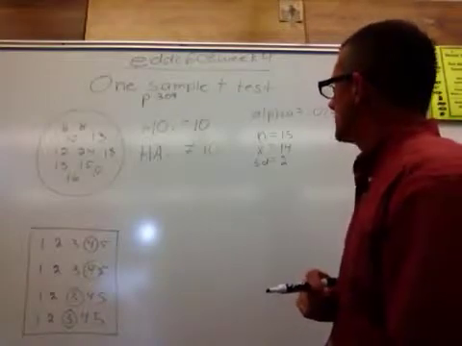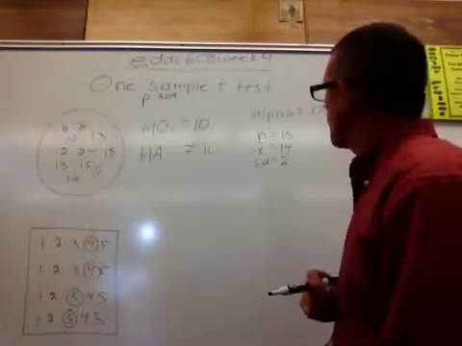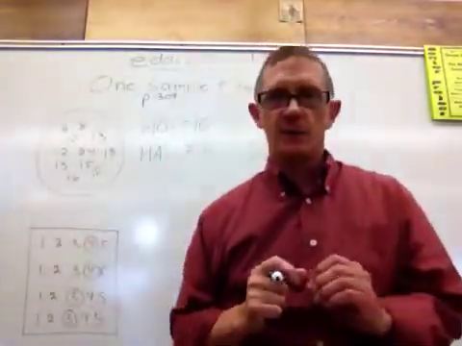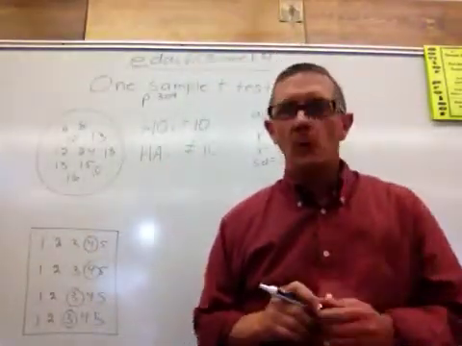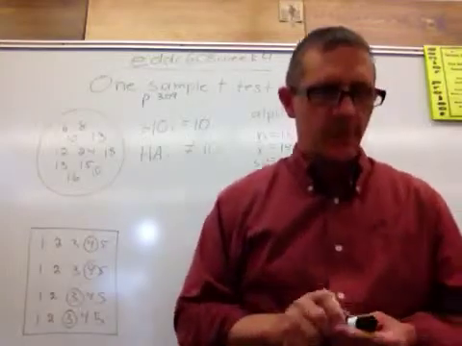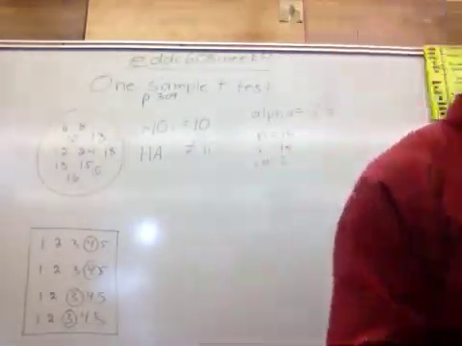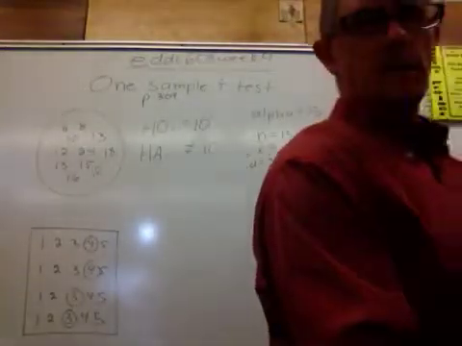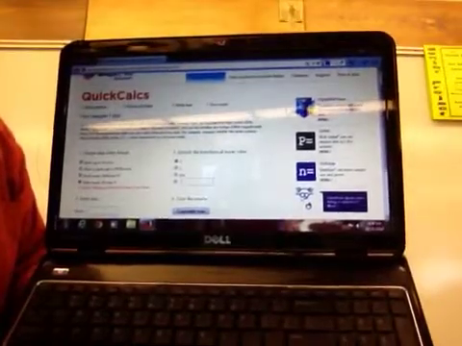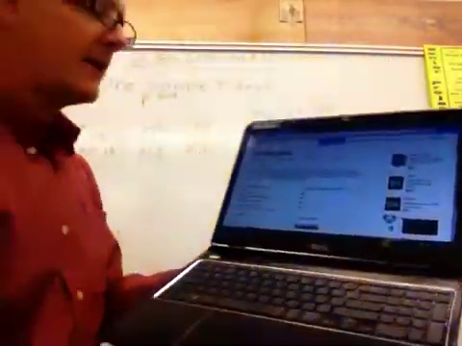So I'm assuming that our mean is 14. Now, how do we conduct the test? Well, the first thing we're going to do is use the calculator specified in your course content called the one-sample t-test. And I have it right here on my laptop. I'm going to show it to you. This is what you should be looking at. The one-sample t-test. And that's the calculator we're going to use.